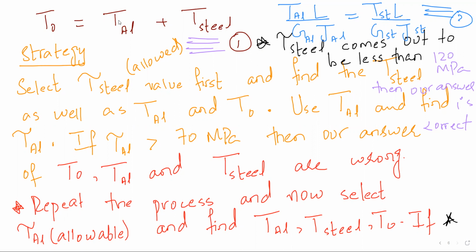Are you doing it? Do this problem, please. Shear stress of aluminum, the formula is TR over IP, use TR over IP. We should compare this much with this much.